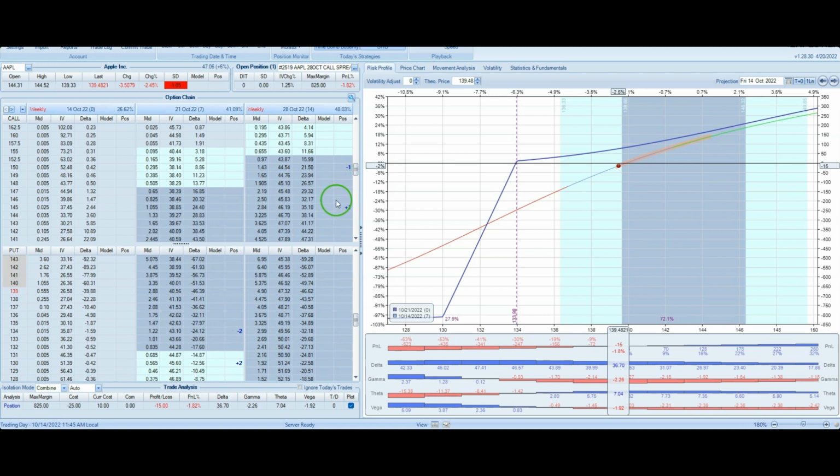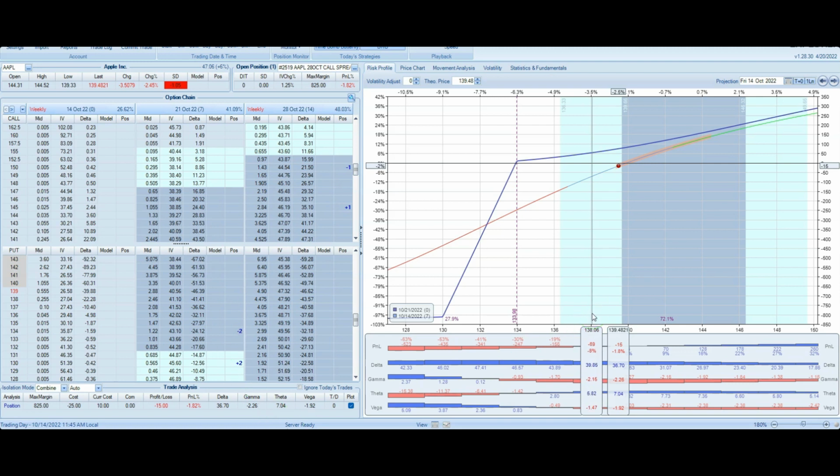And to cover the cost of this debit spread, I went ahead and sold two of the 134/130 put credit spreads. The put credit spread was sold for 61 cents, or a total of $122. So my initial debit for this trade was 25 cents or $25.